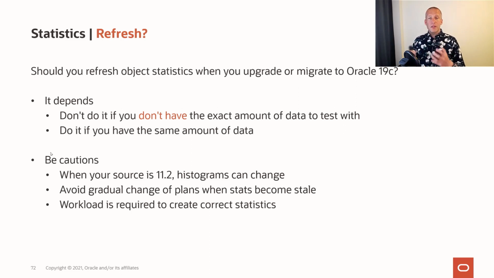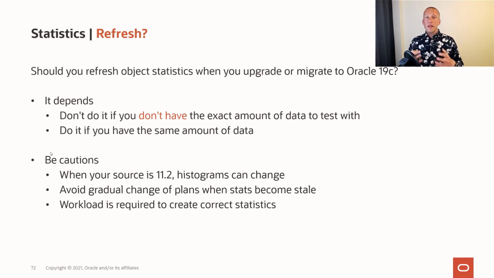We want to have statistics that represent the real data in your on-prem database. But if you have migrated the entire database, you can try to gather new statistics to see whether you can benefit from, for instance, some of the new histogram types. But there are some pitfalls when it comes to regathering the statistics.